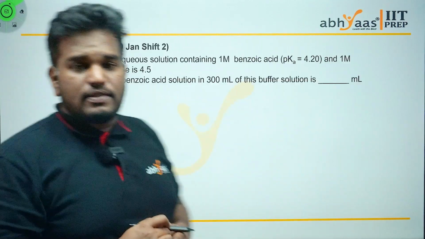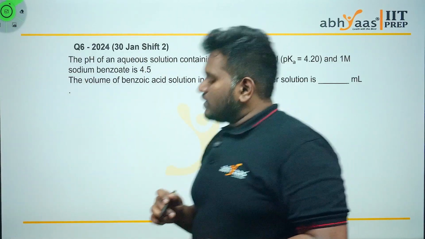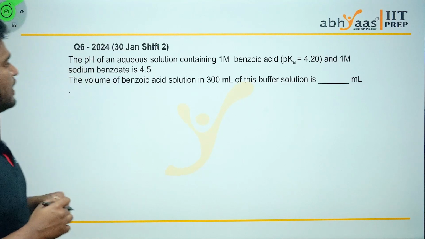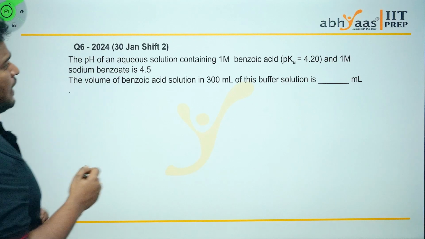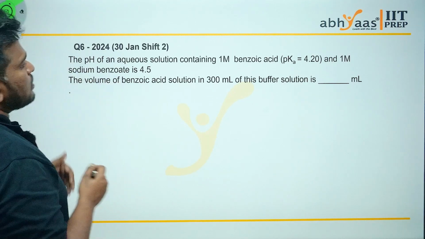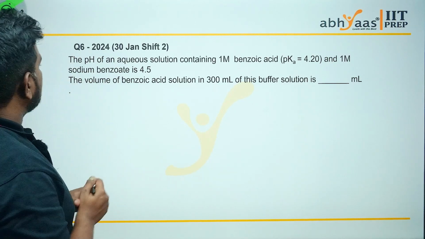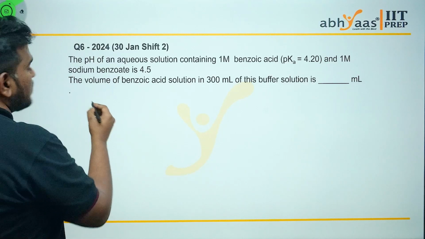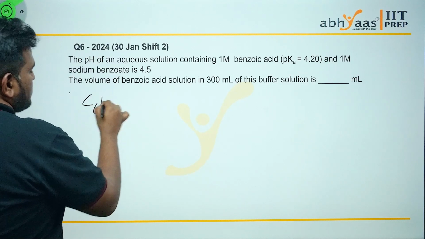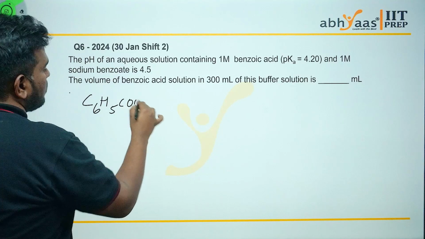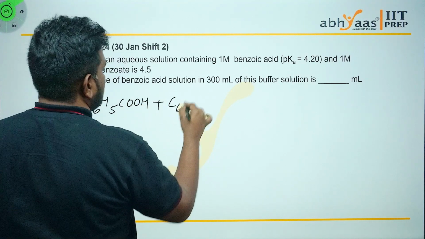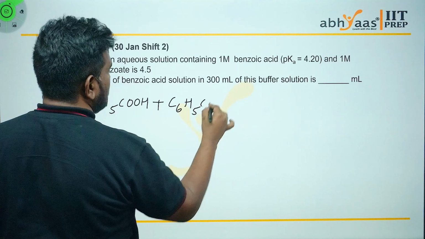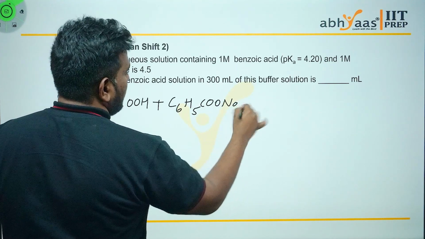We will move to the sixth question. In this question, they have given the pH of an aqueous solution of benzoic acid and sodium benzoate. So what is this benzoic acid? We have C6H5COOH plus sodium benzoate, C6H5COONa.